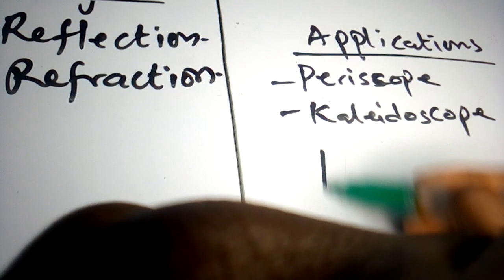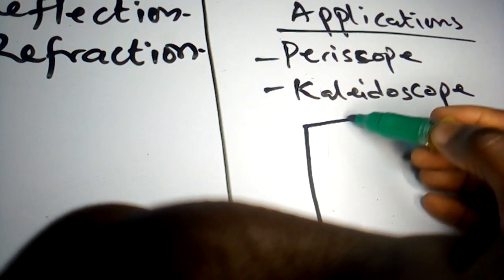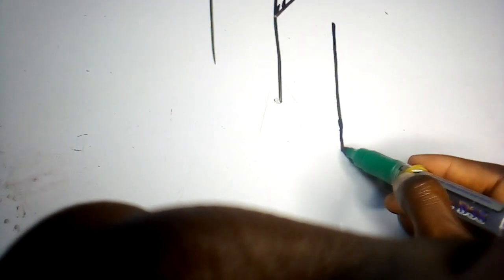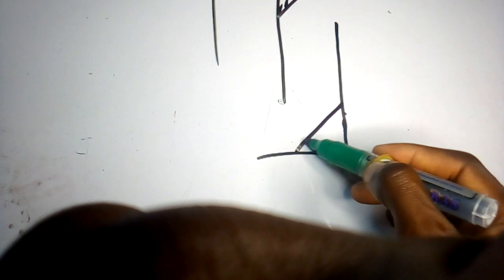It consists of two plane mirrors, placed at an angle of 45 degrees. Then we have another mirror placed here.